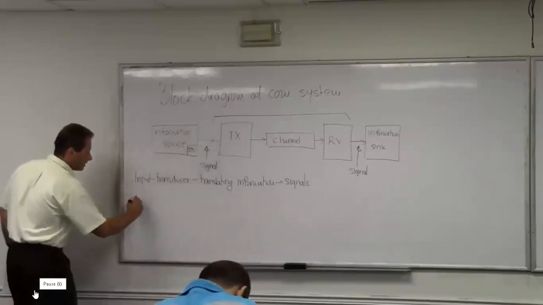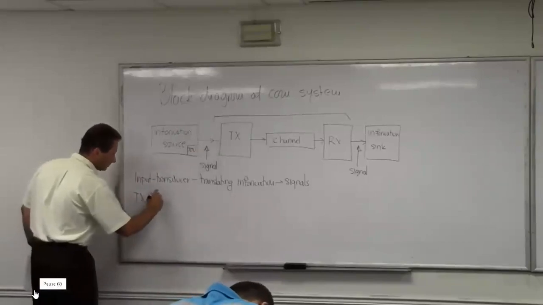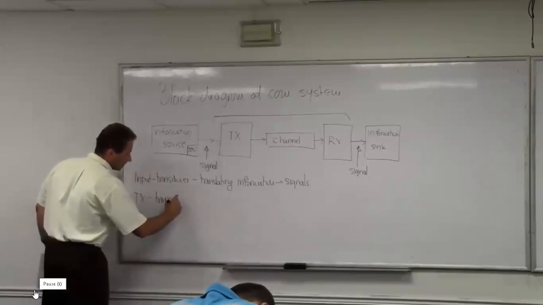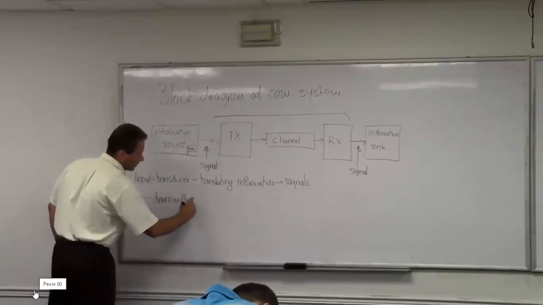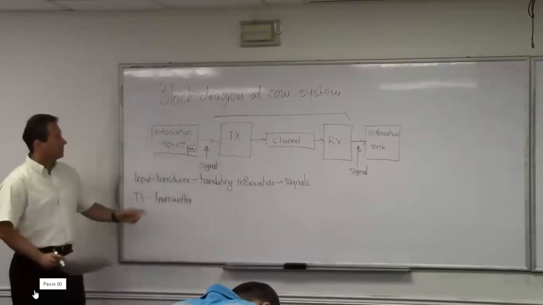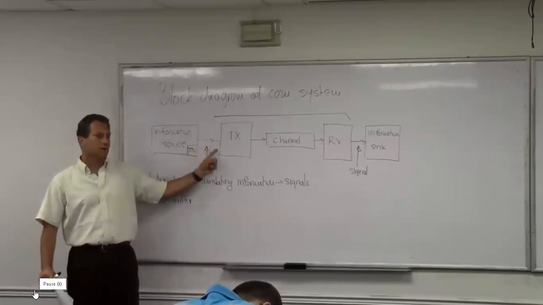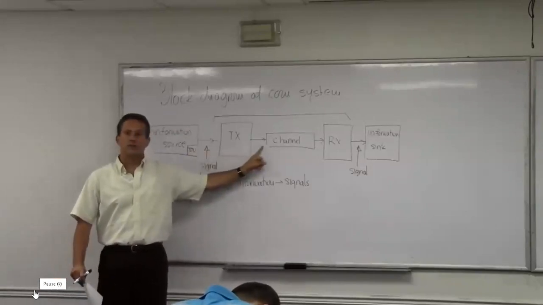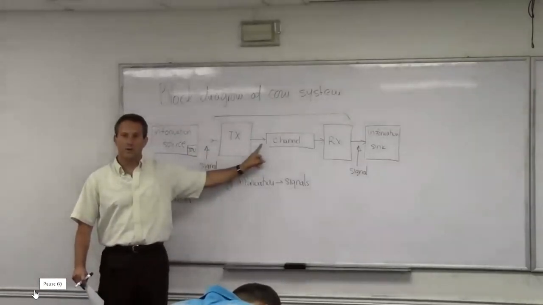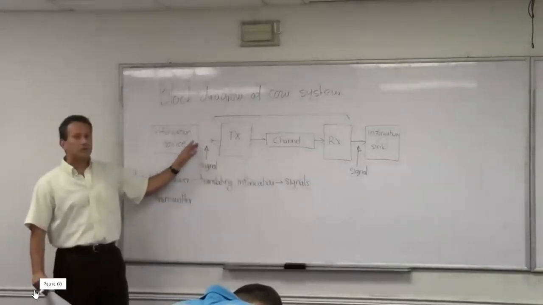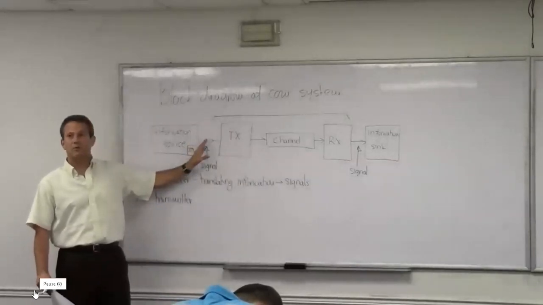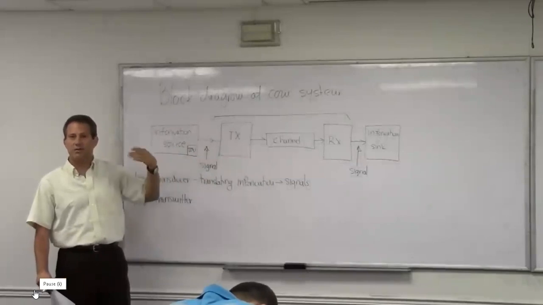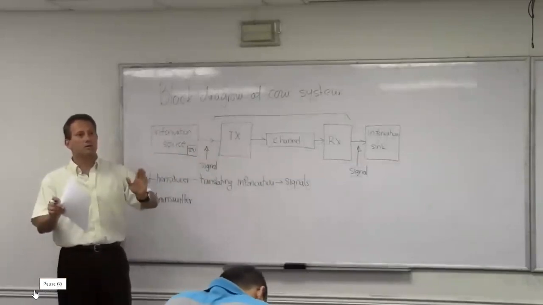The next block in this diagram is the transmitter. The purpose of the transmitter is to accept this signal from the transducer and adjust it so that it can be sent over the communication channel. The signals that are coming out of the transducers are typically what we call baseband signals. They're voltages and currents at the low end of the spectrum.